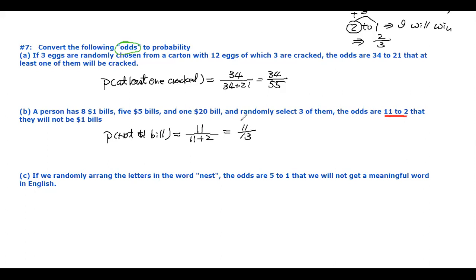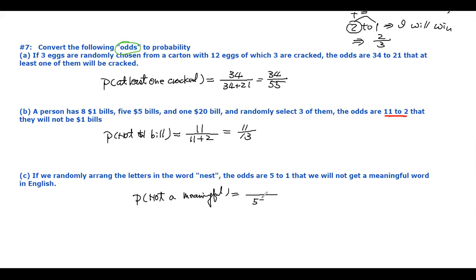Okay? So now part C is here. We say if we randomly arrange the word next, the odds are 5 to 1 that we will not get a meaningful English word. So basically we are saying the probability we get a non-meaningful word will be what? 5 to 1, right?